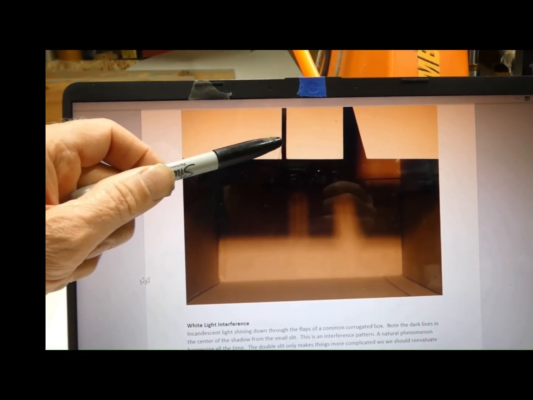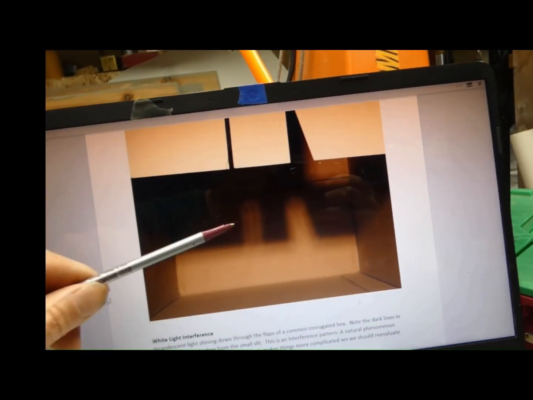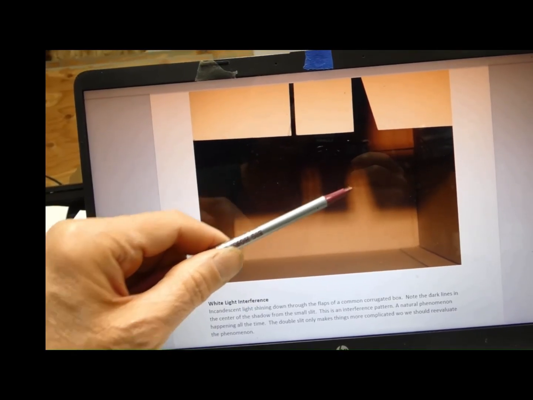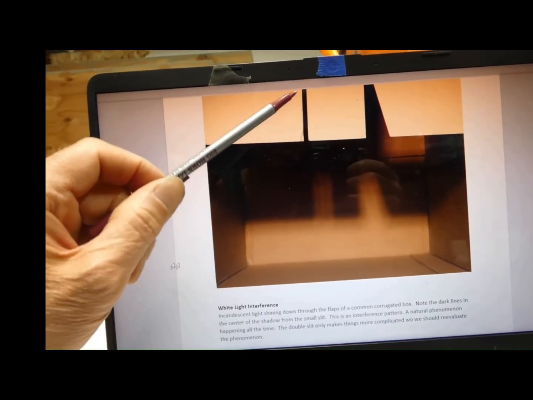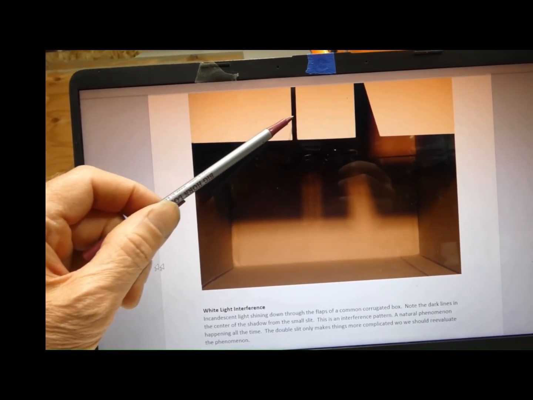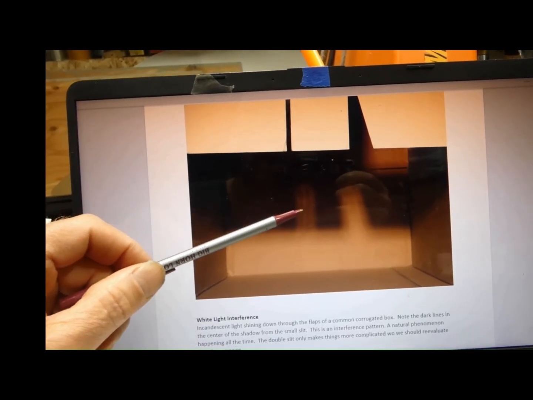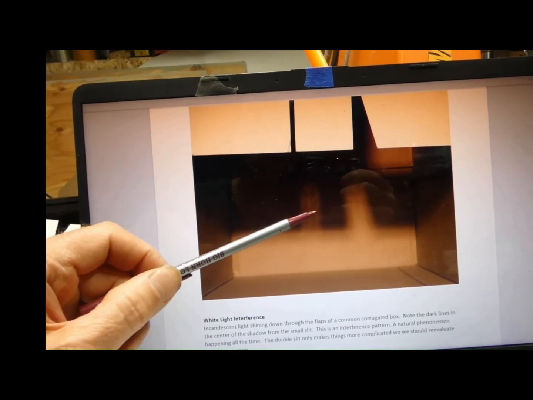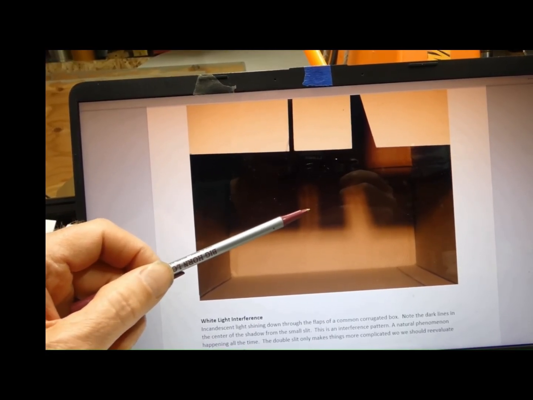The white light, incandescent, and here's the shadow. And right here is an interference pattern, and it shows both. This is just white light. There's a collision occurring in here of the light photons, and the path is redirected, and you get an interference pattern right there. You can see dark edges, bright and dark edges.